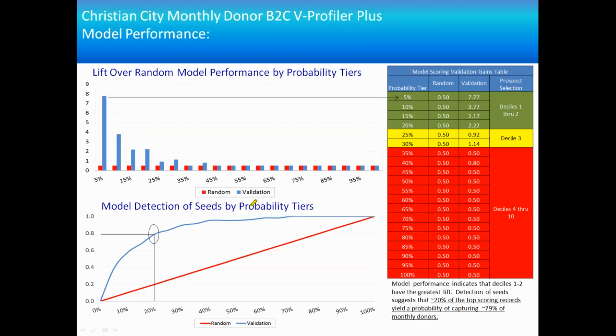Then what we do is we take those 133 actual customers of the bowling center and we blindly seed them in with that 300,000 record scored prospect universe during the scoring process. And we retroactively look to detect where they fall along the scoring scale after we've completed the scoring.